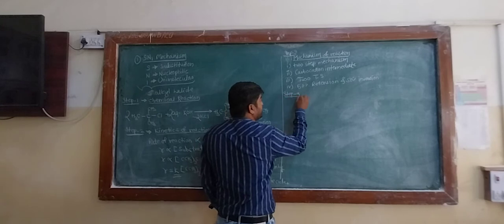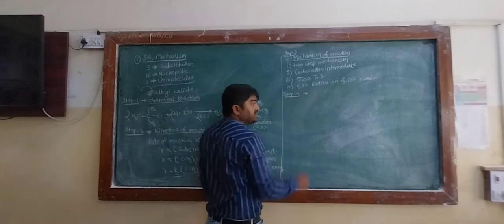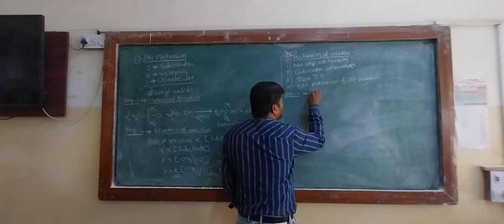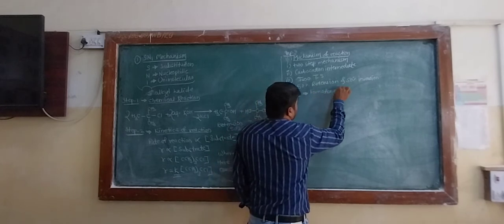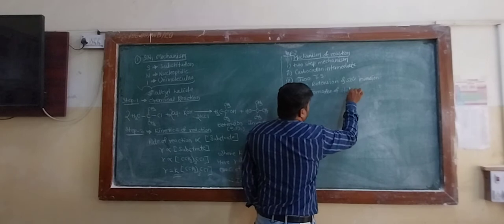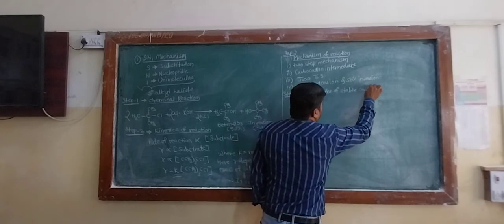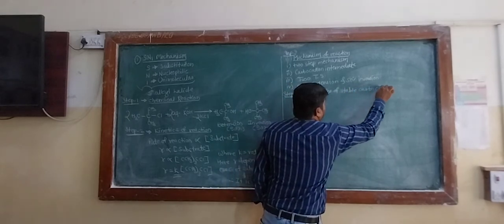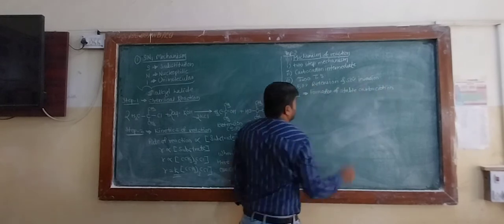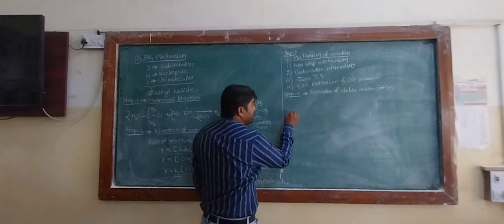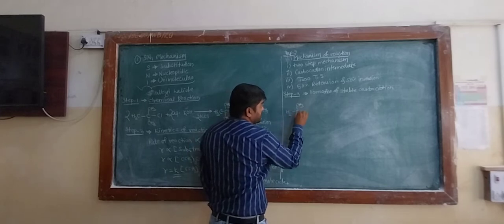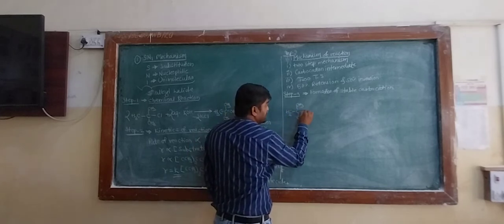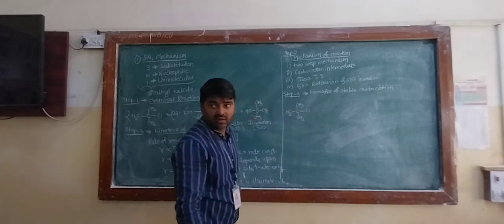So step 1 is the formation of a stable carbocation. Your starting material is the alkyl chloride, right?